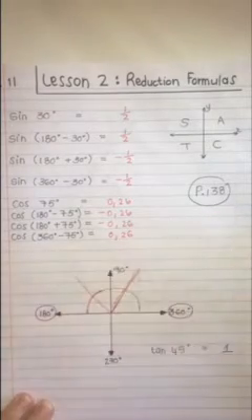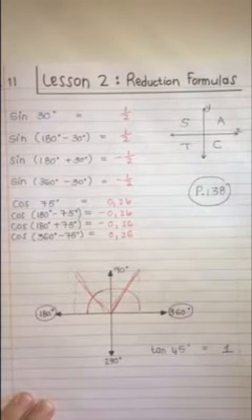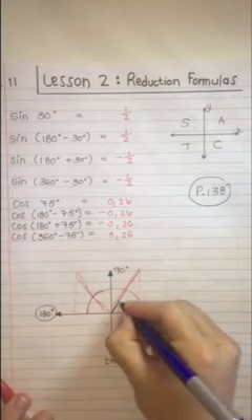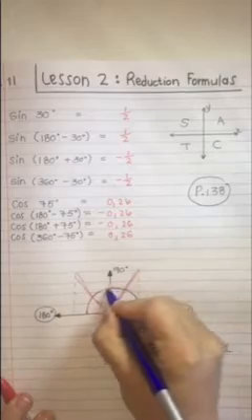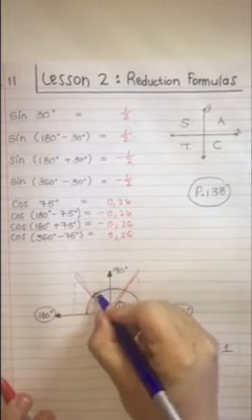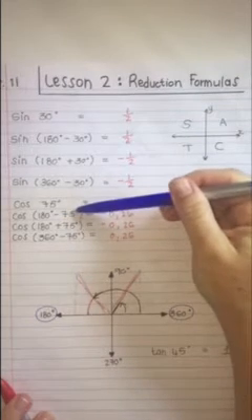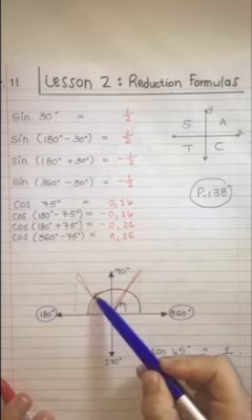Then you're going to have your triangle over there. So cos 75 is this angle, and this one here, up until here, is going to be 180 minus 75.